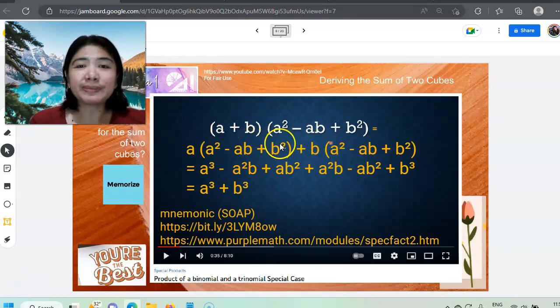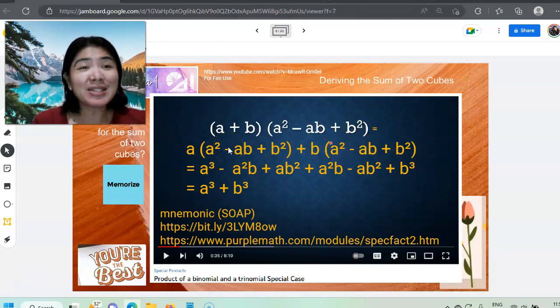And then the second factor is a trinomial factor. Okay, so you square the cube root of the first term, and then you multiply the cube roots of the first and second term and then have a negative sign, and then we square the cube root of the second term, okay, and have a positive sign.